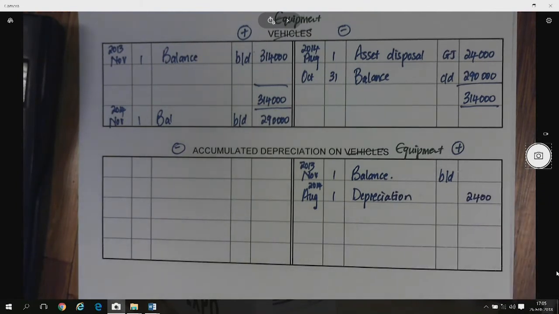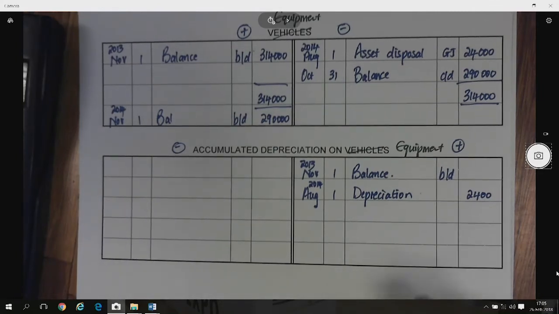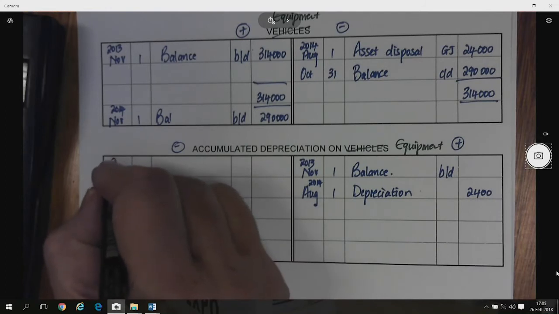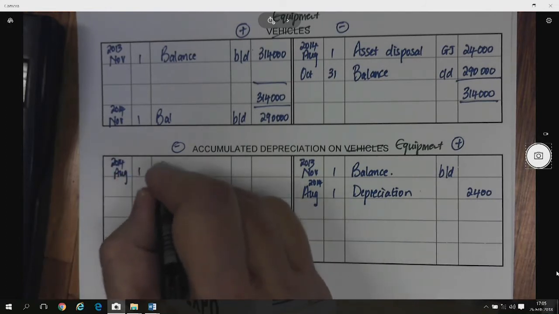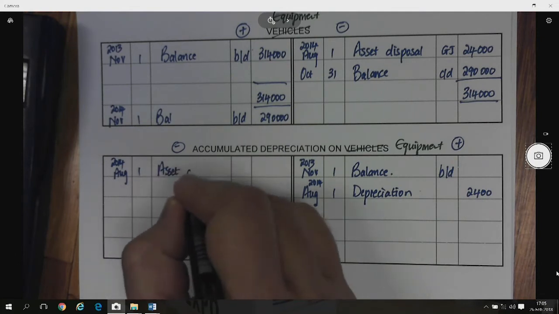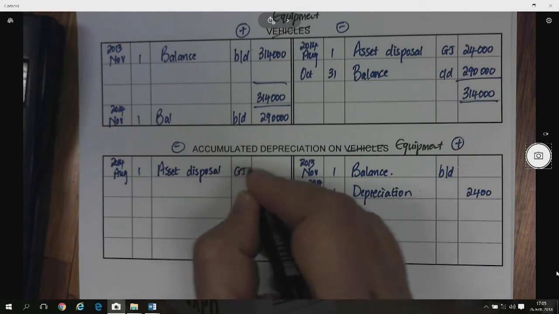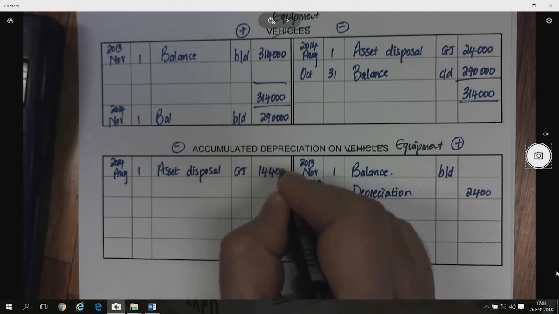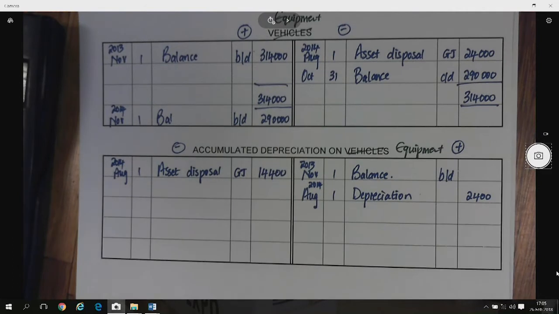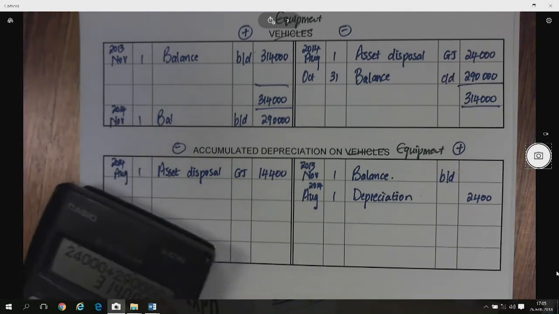That was wrong. But remember, I'm not going to mark it wrong now because that's what they did. And then they take 2014, August the 1st, they take to asset disposal the 14,400. So if we just stop there, what was the balance?